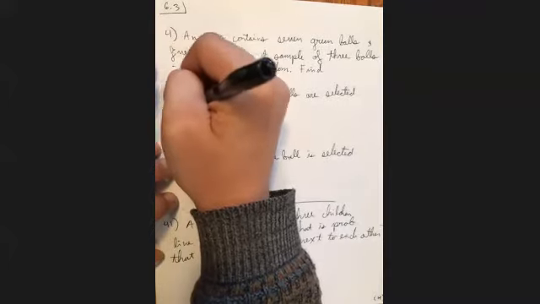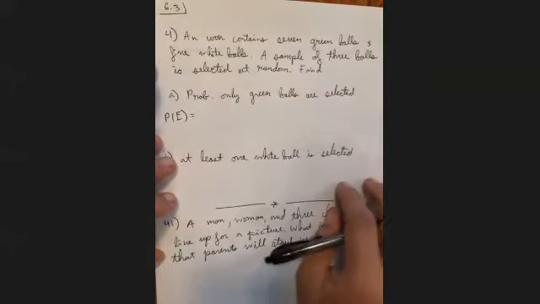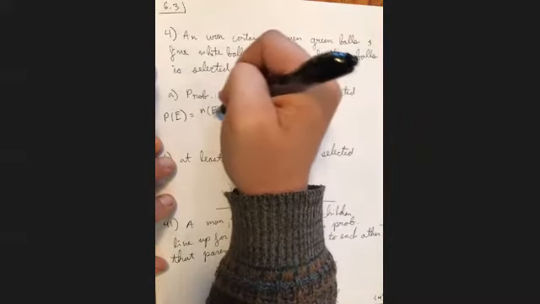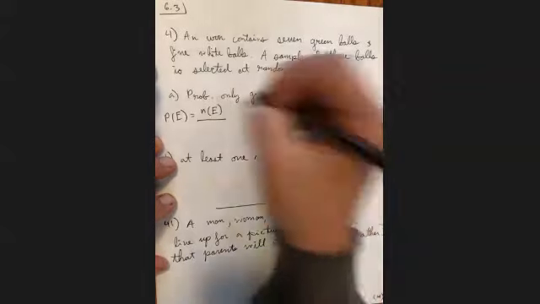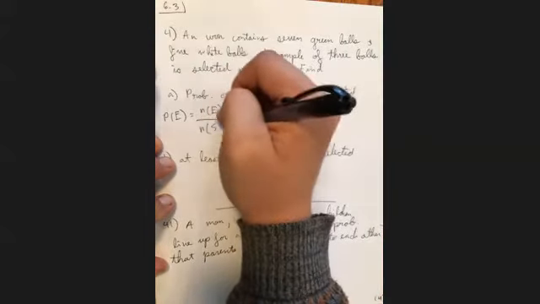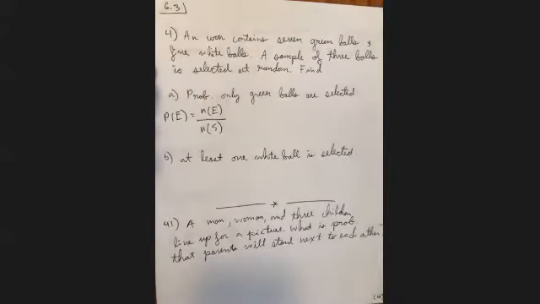Okay, so the way to think about this is we have some event, and to compute its probability, we're going to find the number of ways of achieving that event, or getting that certain outcome, over the total number of objects in our sample space. So this is the formula that we'd be using here.